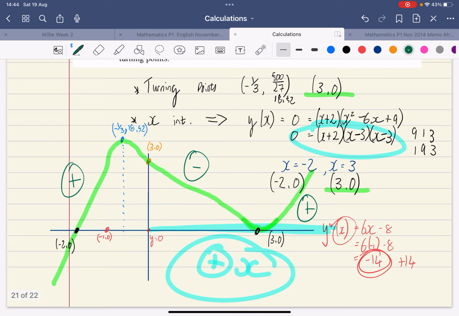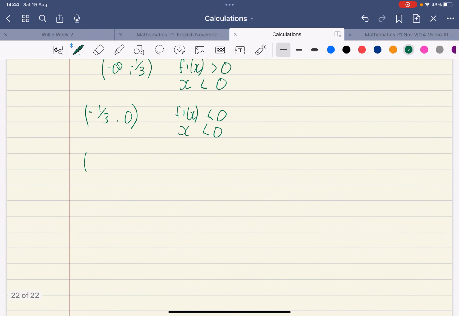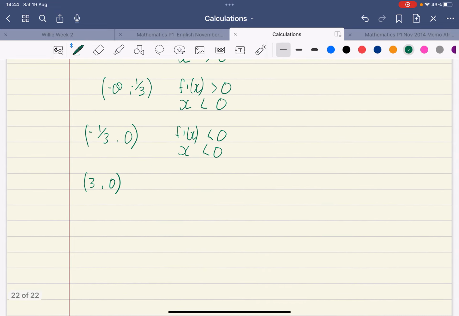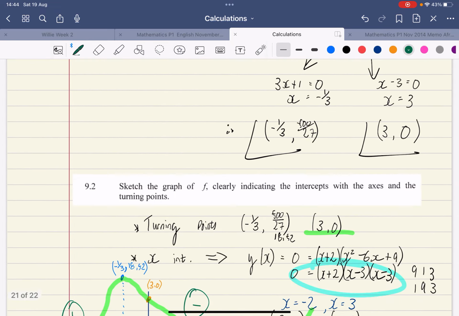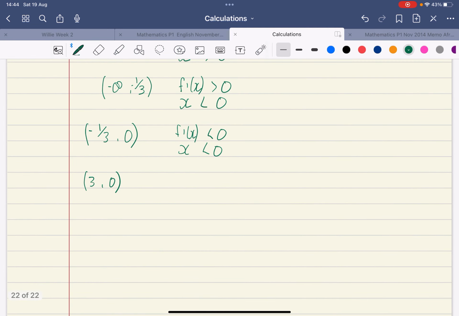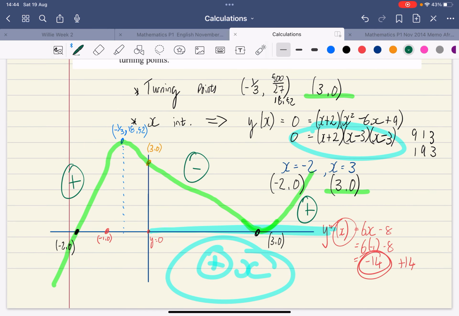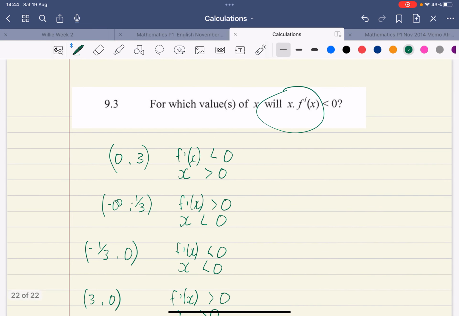I'm just writing it down so we can visualize it and allow you to answer the question better in the future. And if you get confused, you do know you can write it down like this. In 3 to infinity, our derivative is positive, and our x values are positive. So we have all our intervals for our given f of x, where our derivative changes and where our x value changes.